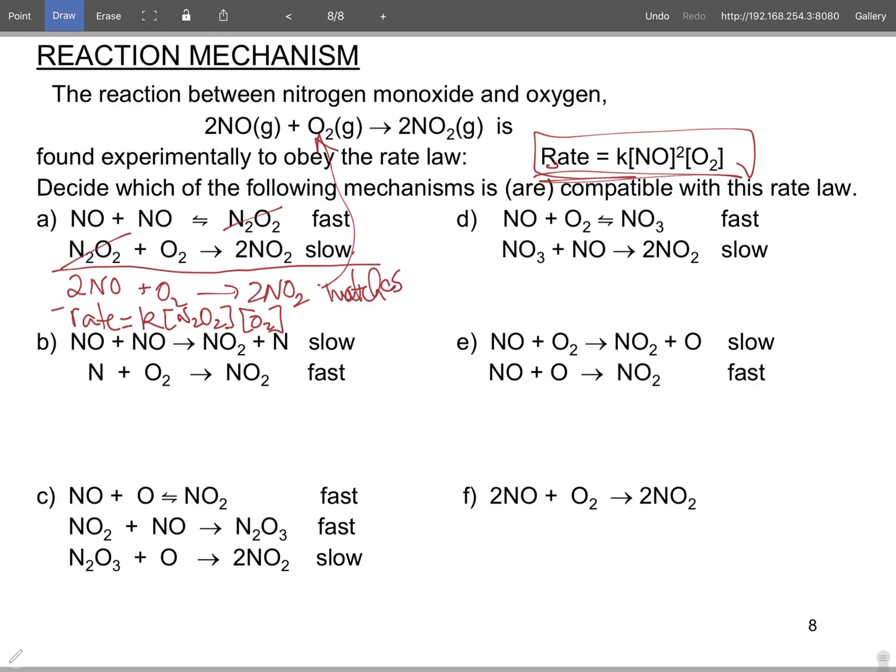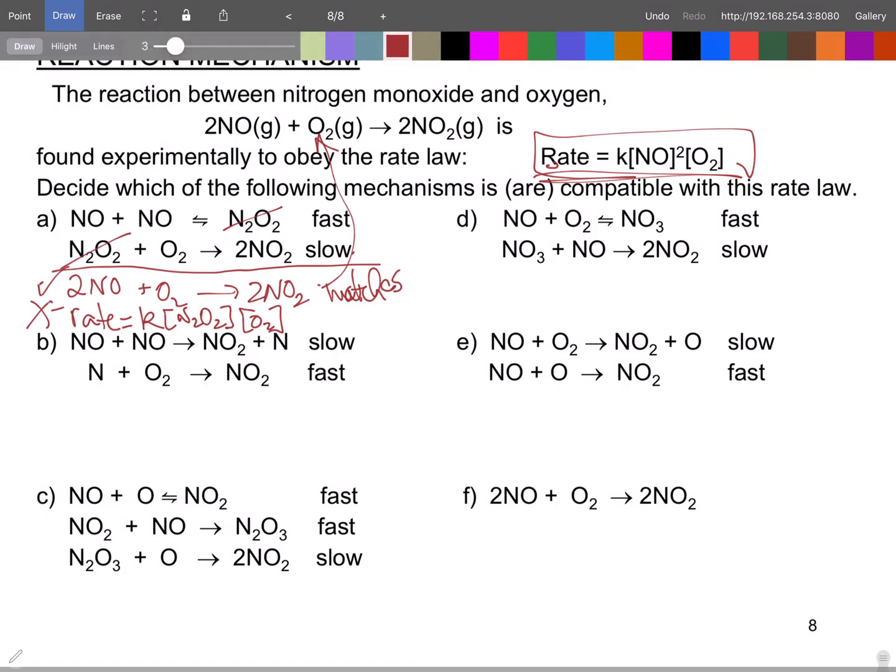Anything that takes part in the slow step, intermediates, catalysts, whatever, set the rate. Okay? So this is bad because notice there's no N2O2 in our rate law. Okay? So that was relatively easy.